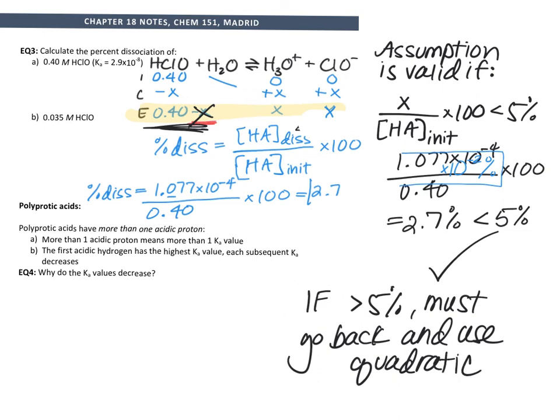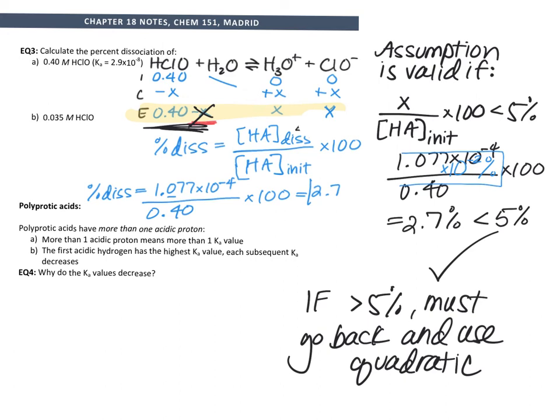We don't actually have to use it. But if the assumption is not valid, you cannot cross this x off. It has to stand, it has to stay. And then when you're solving for x, that means that you end up with a polynomial. And you have to solve for x using the quadratic formula. So this, again, is only valid if the change is less than 5%.